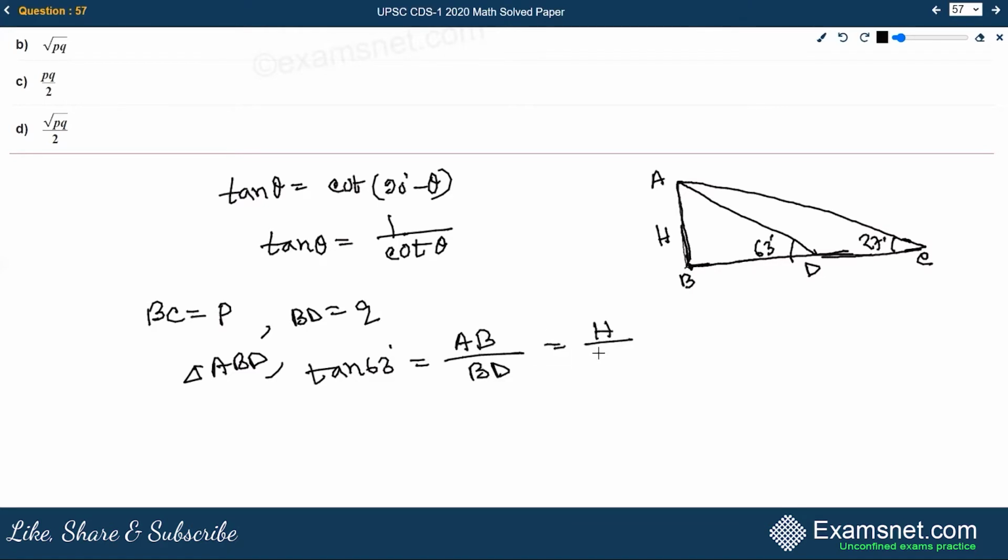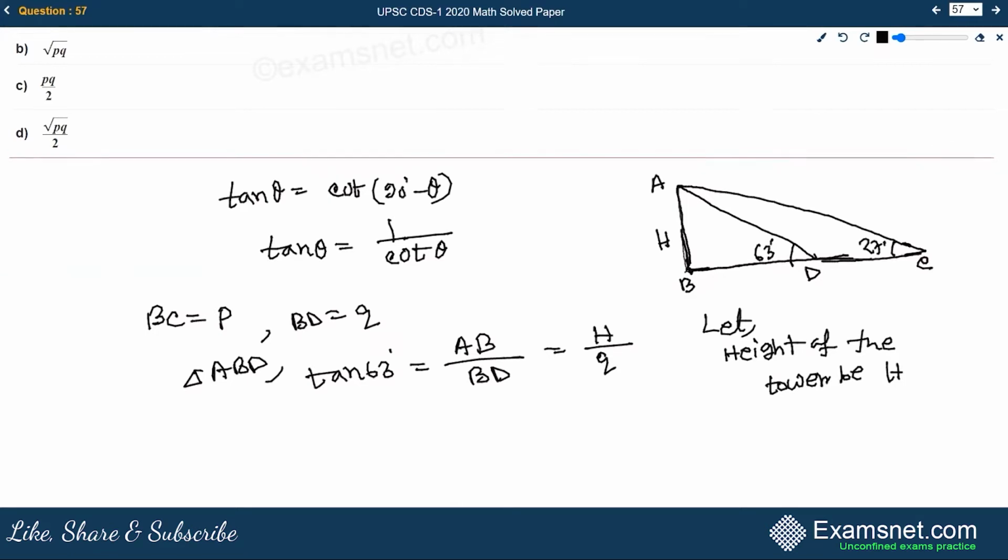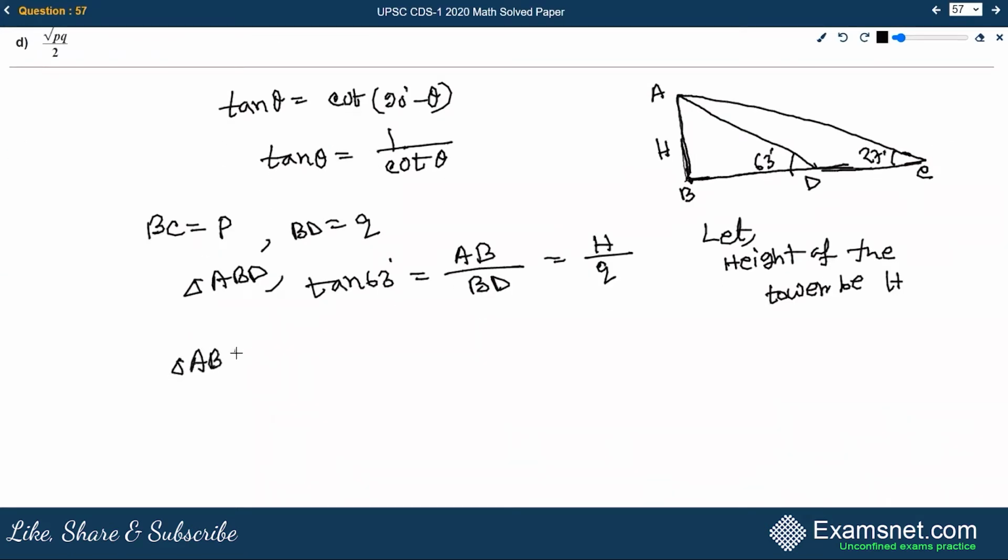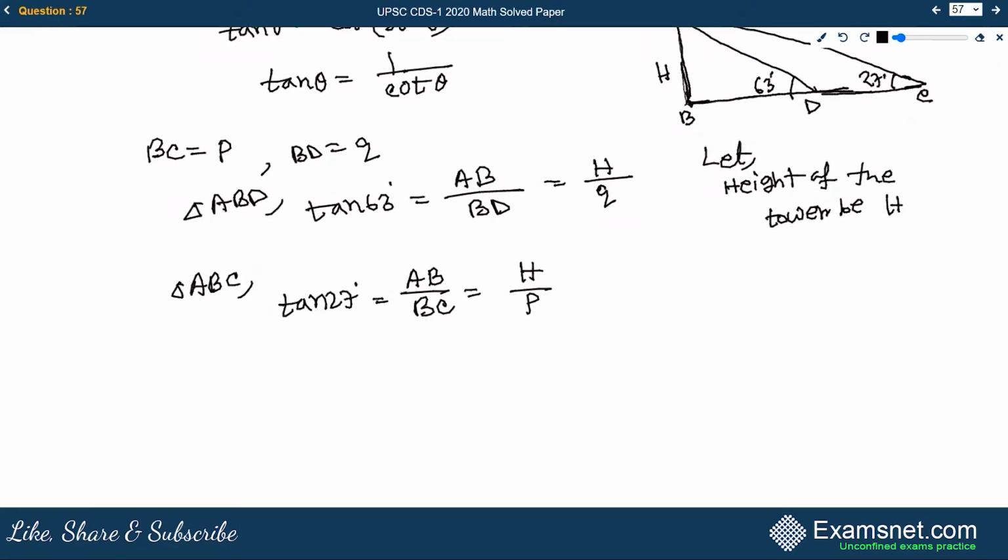So here H by BD, that is Q. So H by Q, where we let the height of the tower be H. And now in triangle ABC, tan 27° is AB by BC, that is H by P. Now also from here we can find cot 27°, that is the reciprocal of tan 27°. So that will be P by H.